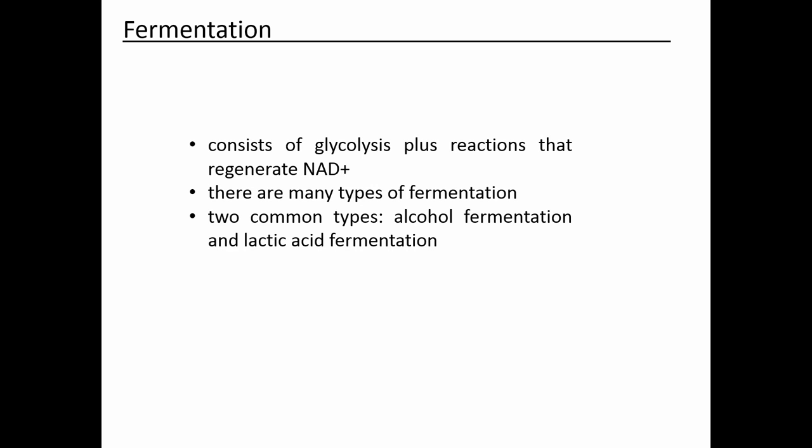So you end up with 2 ethanol molecules at the end of this fermentation pathway. And that's where the ethanol comes from in wine and beer. So the alcohol in wine and beer is the ethanol that's produced in this type of fermentation pathway.